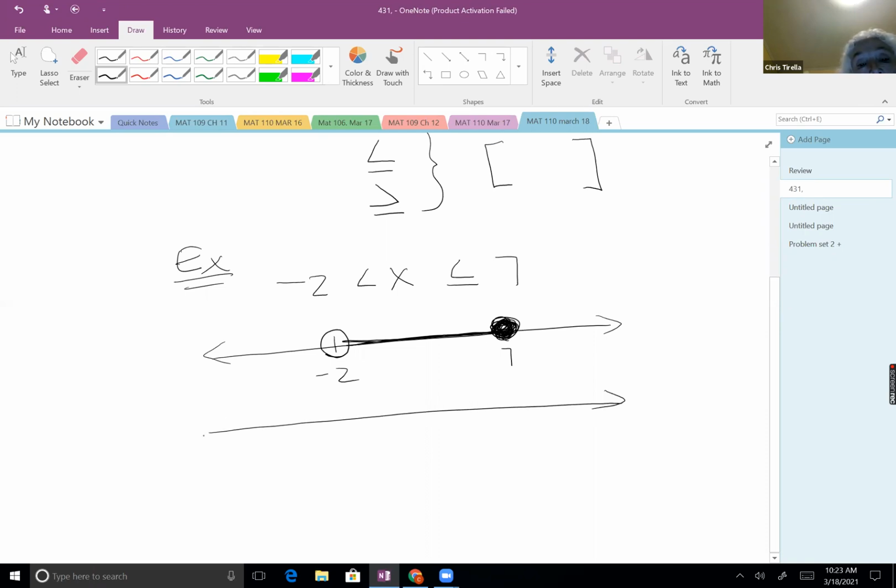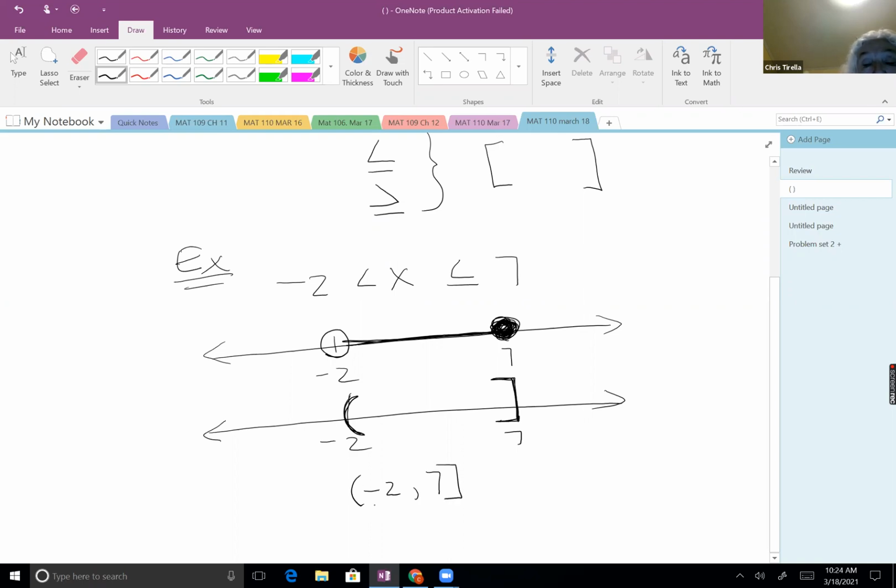Well, at some point in time, instead of coloring in dots, they get changed to parentheses. The open dot is like this rounded one, saying I'm going all the way up to it, but not including it. The squared one is like the closed dot, saying that I am including that. And so I would say that the smallest value is -2, the largest value is 7.